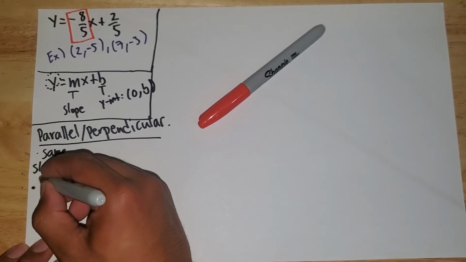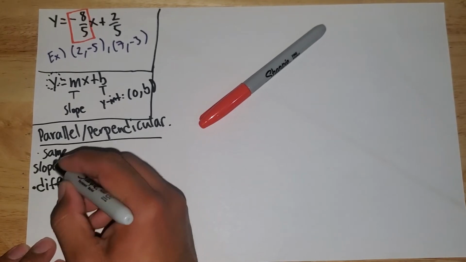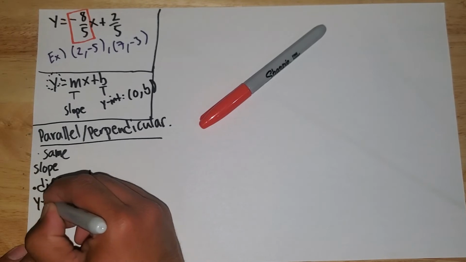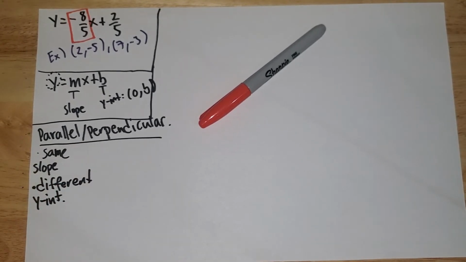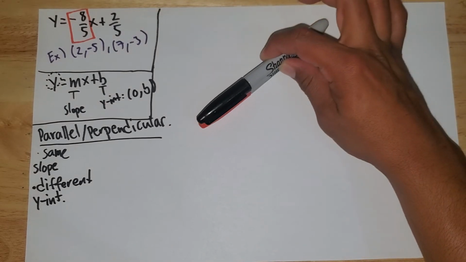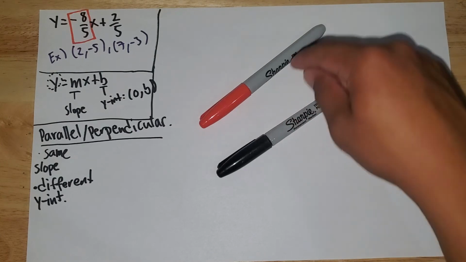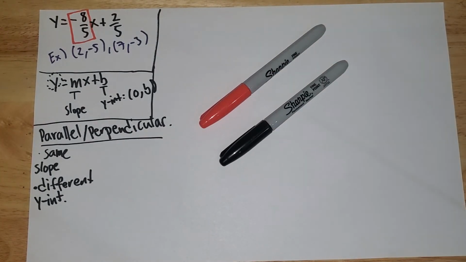But they have to have a different y-intercept. Because if it was the same y-intercept, again, I say it one more time, it'd literally be on top of the other line. So you need to be able to create this separation. The slopes are always going to stay the same, but the y-intercepts will change.